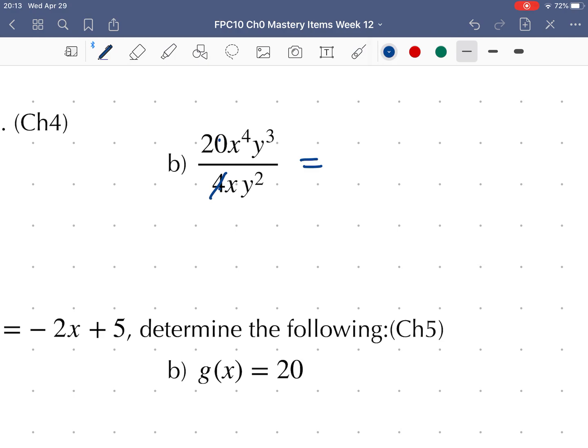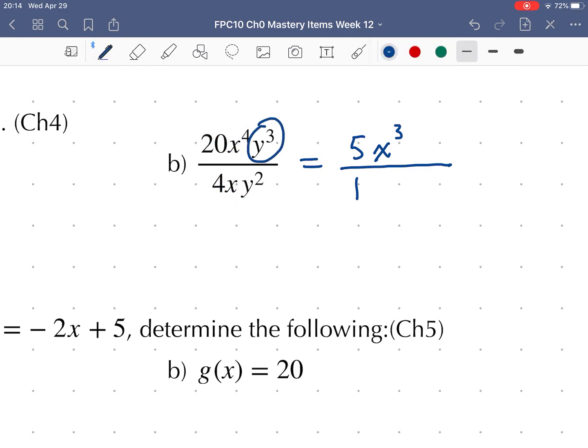Okay, well, 20 and 4. If we divide that by 4, we get 1, and 20 becomes 5. So we get 5 over 1. Now we have 4 x's on the top and 1 x on the bottom. We cross that 1 x off, and we cross off one of those x's. We're just left with x cubed on top.